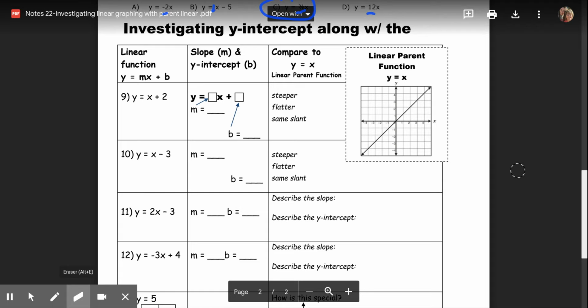We've got y equals x plus 2. So your slope is 1. Your y-intercept right there is 2. So when we're comparing it again to the linear parent function, our y-intercept is 2. So that's where we begin. And then we go up 1, over 1, up 1, over 1.